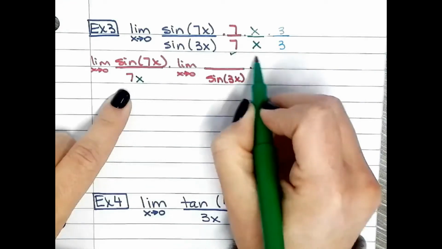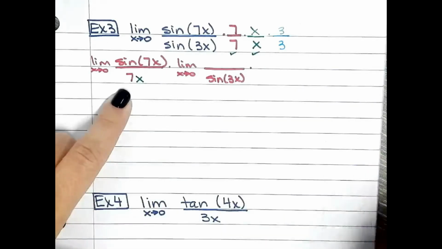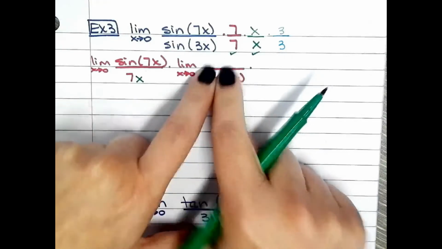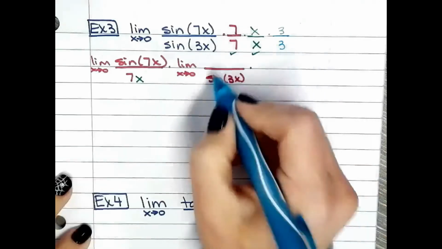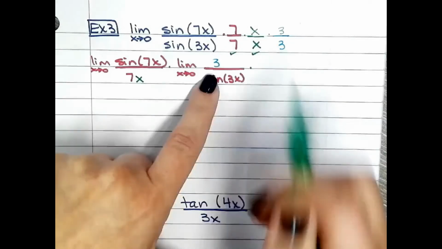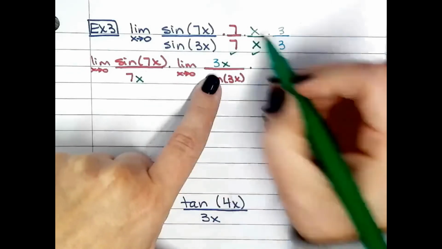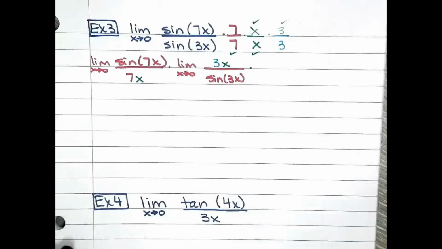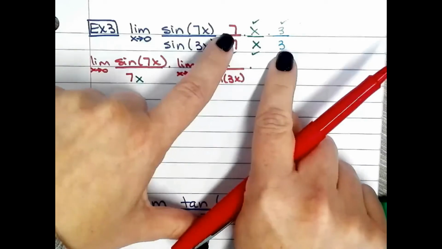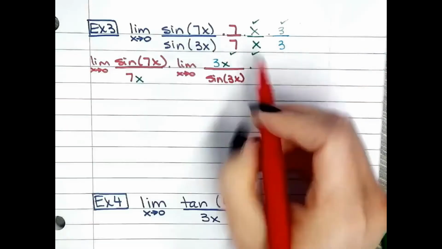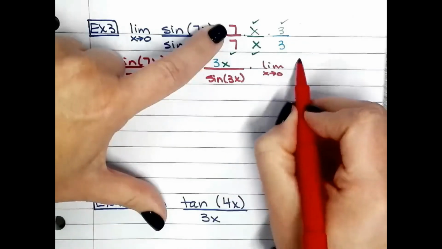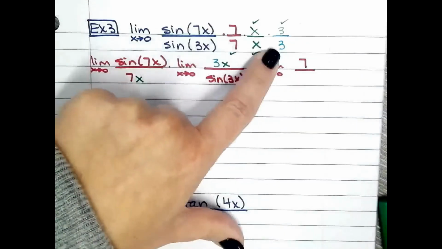Right here, I need 3x in the numerator, so I'm using this 3 and this x. And then what do I have left? I have this 7 and this 3. So the limit as x approaches 0 of this 7 over this 3.